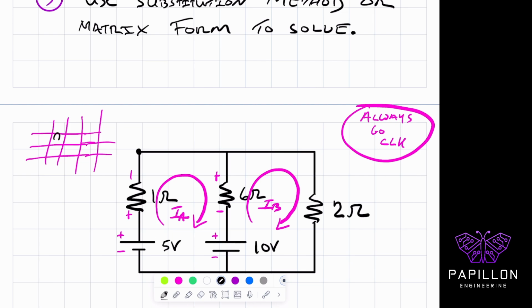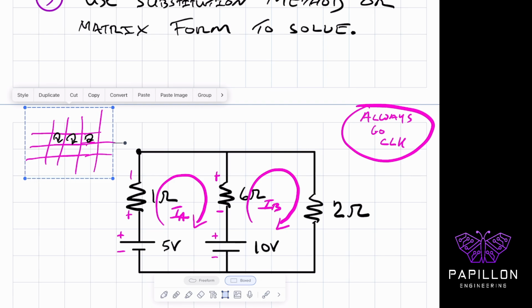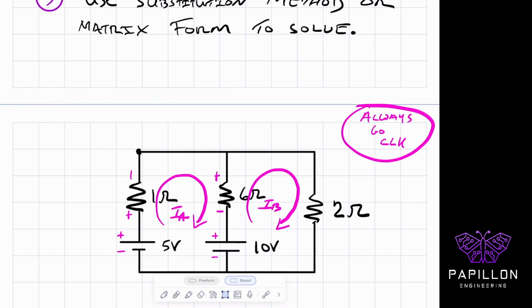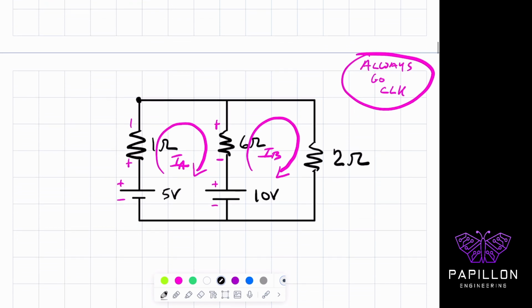If I had 1 loop here, identifying it is not so bad. 2, I can do that as well. 3, you can also do by hand. But eventually, once you surpass 3, it makes more sense to use a computer and something like MATLAB, or Matrix Lab, or any type of software that'll help you solve these problems much faster. Because at that point it becomes more math than an electrical or engineering problem.